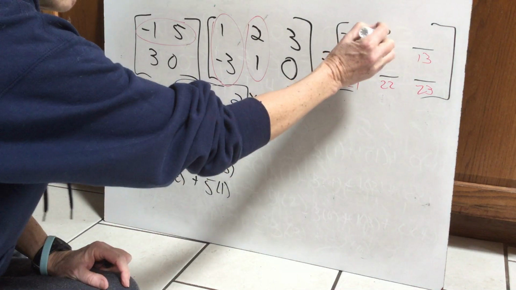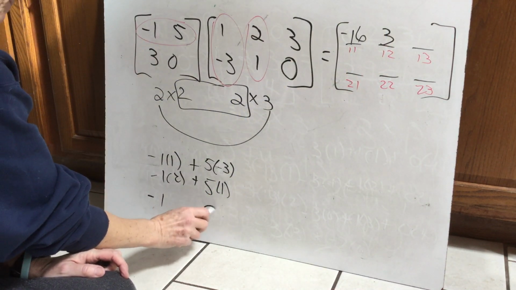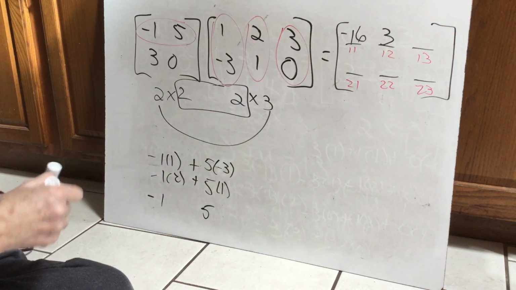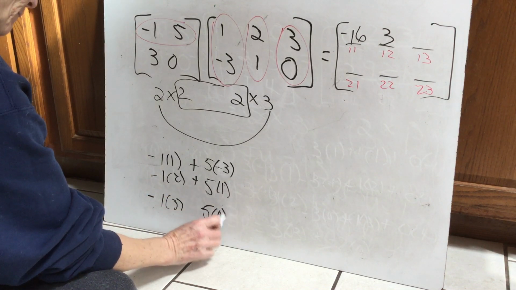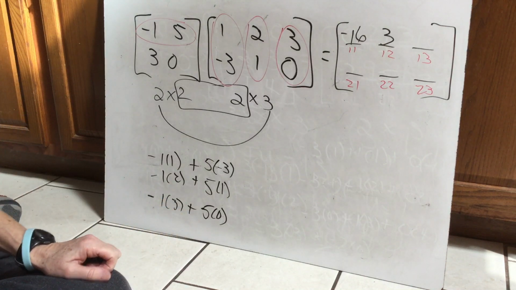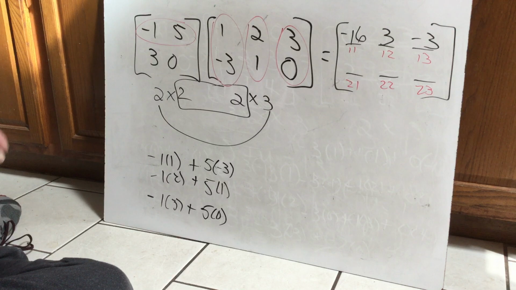That's 3. And then I'm going to take my first row again and multiply it by my third column, 3, 0. Multiplying that's going to give me a negative 3 plus 0, so that's just going to be negative 3.